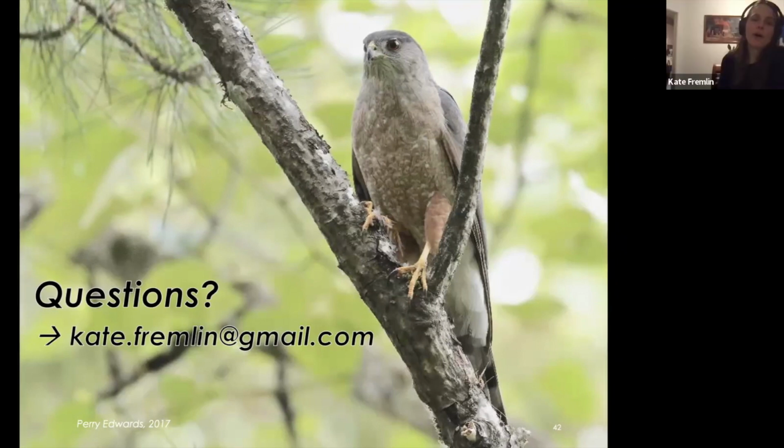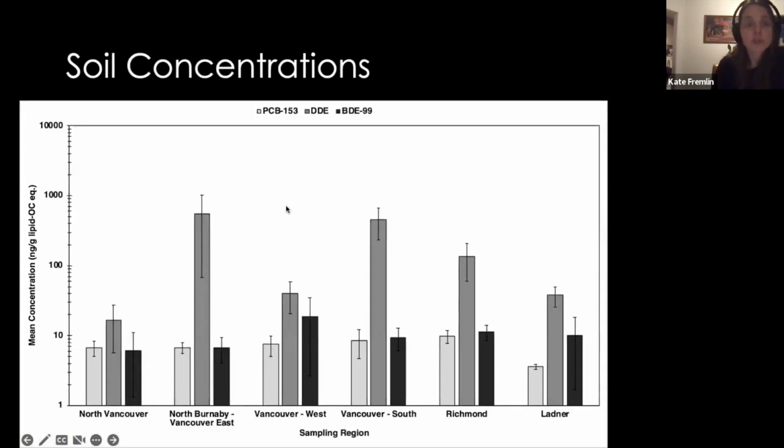No, unfortunately, Chilliwack was not part of my study area, but I would suspect that you would have very similar levels as to what we saw in Metro Vancouver. You might potentially have higher levels of some of the pesticides like DDE, because, for example, in the Richmond area, if I can show you what some of the concentrations look like for soil.